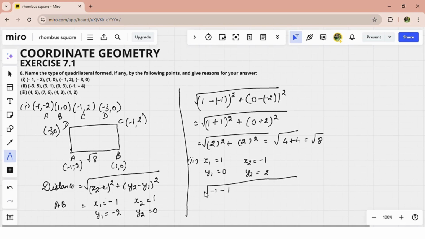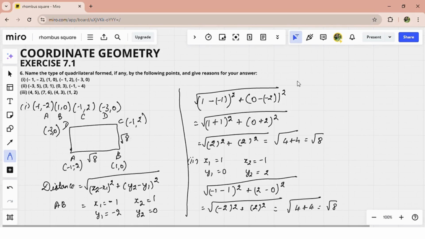The whole square plus y2, which is 2, and y1, which is 0, the whole square. This will be equal to root of (-2) square plus 2 square, which is equal to root of 4 plus 4, which is equal to root of 8. So BC is also root of 8.